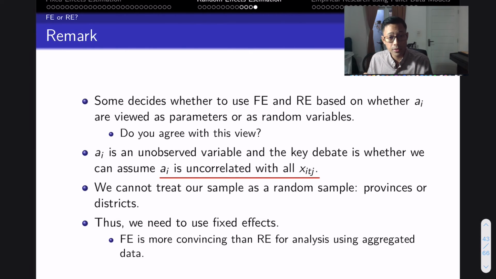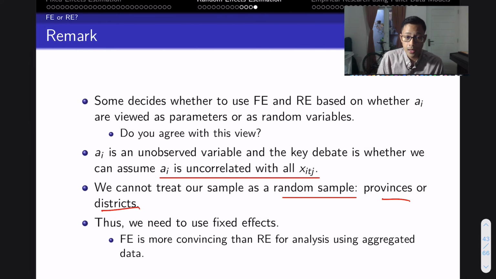And in this particular case, we need to use the fixed effects. So in general, fixed effect is more convincing than random effect for analysis using aggregated data. Be very mindful when you're using aggregated data for analysis, and fixed effect is going to be more convincing.